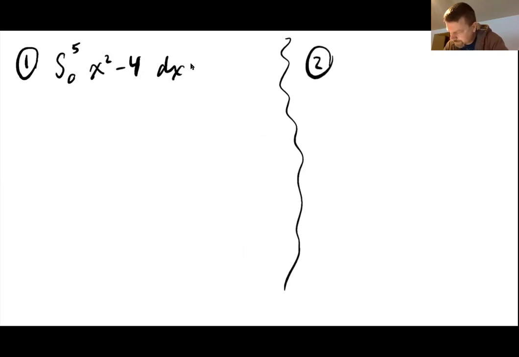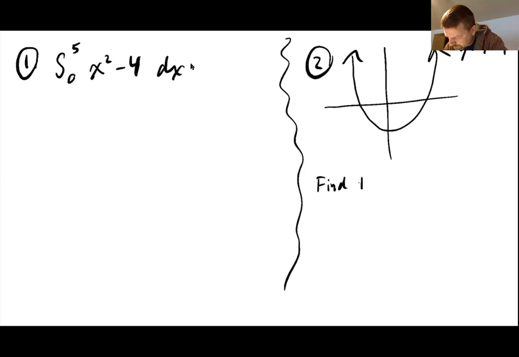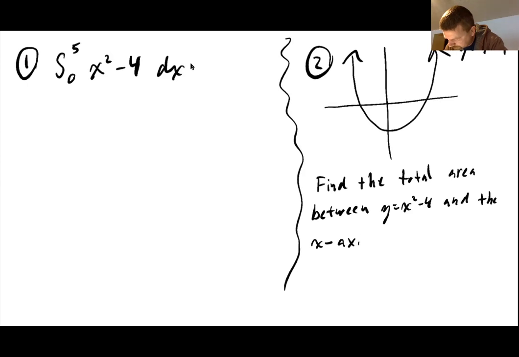In question 2, here is the graph of x squared minus 4, and question 2 says find the total area between y equals x squared minus 4 and the x-axis, from x equals 0 to x equals 5.